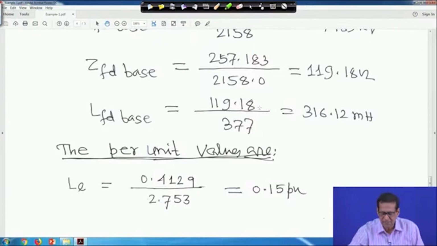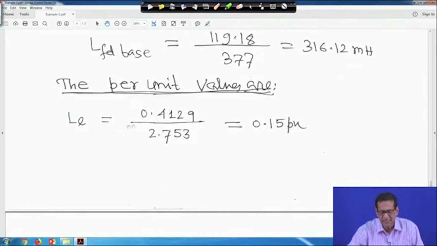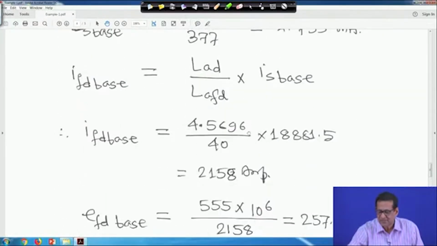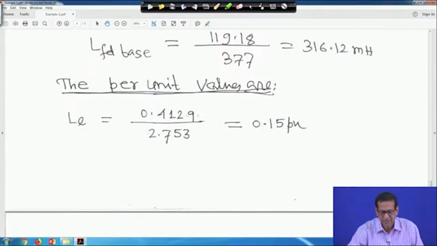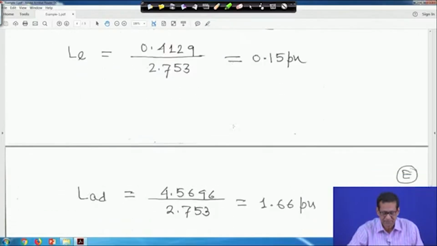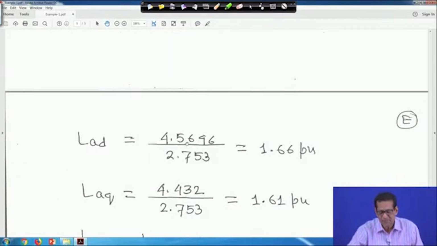Now the per unit values are, therefore, LL equal to 0.4129 divided by 2.753, because LS base is 2.753 millihenry, so 0.15 per unit. Similarly LAD will be 4.5696 divided by 2.753, that is 1.66 per unit.